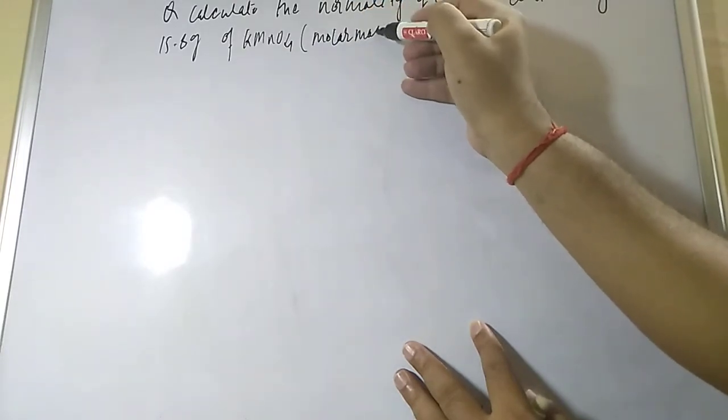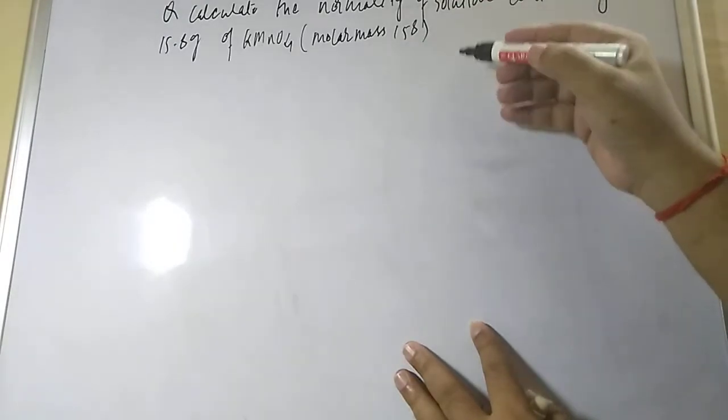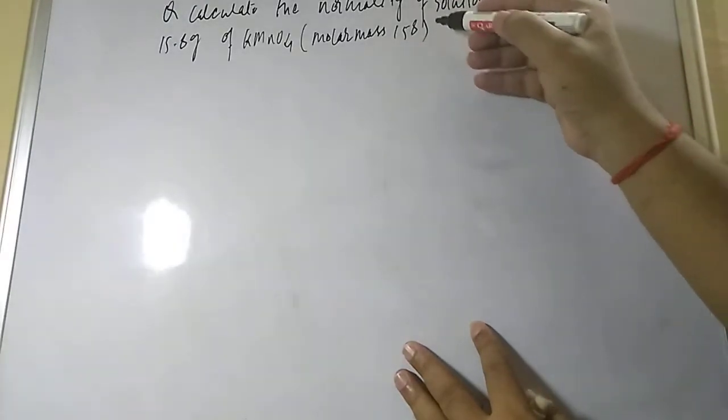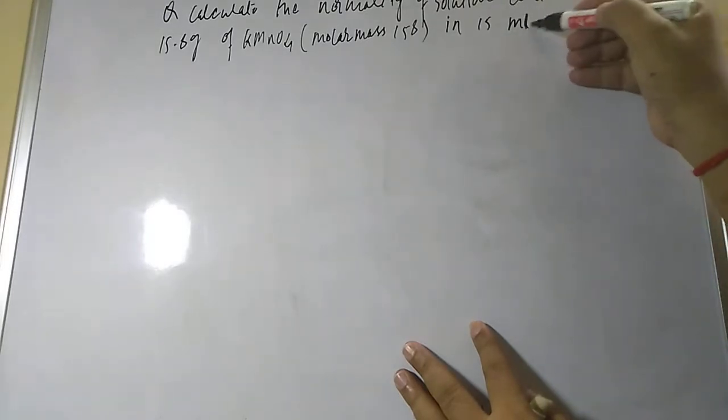Molar mass, how much is given, student? 158, in 50 ml acidic solution.